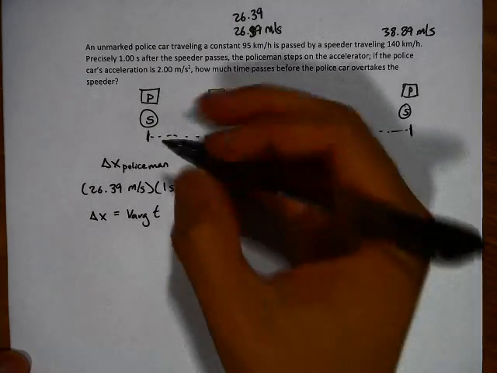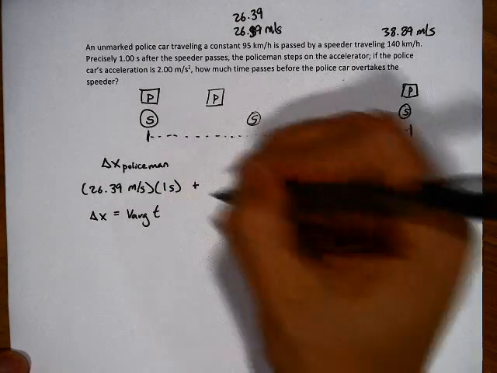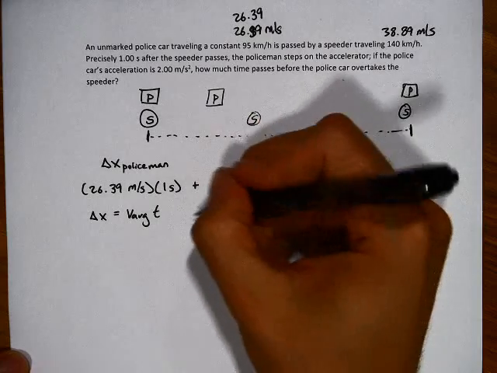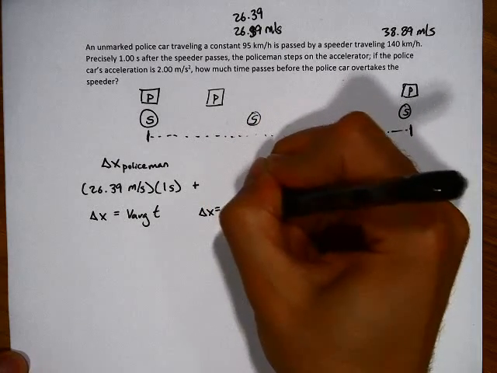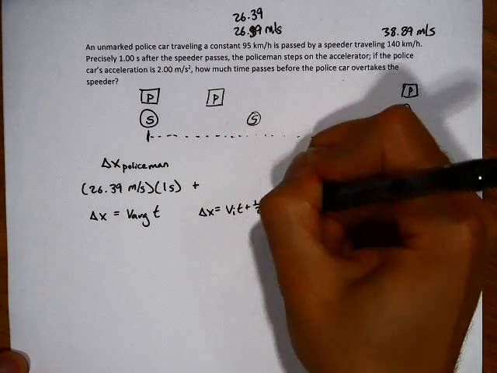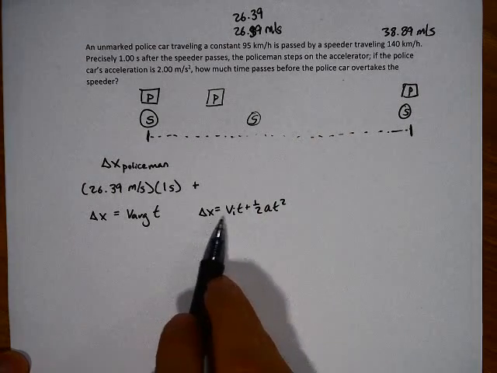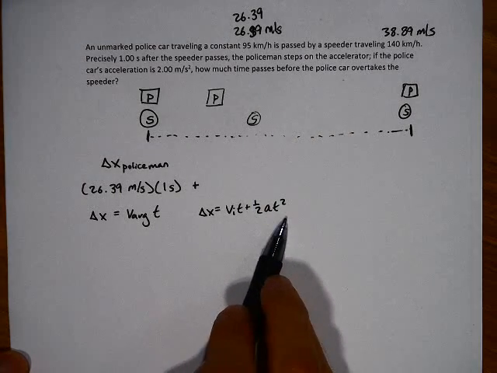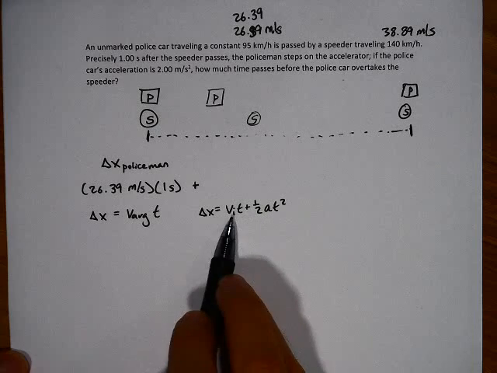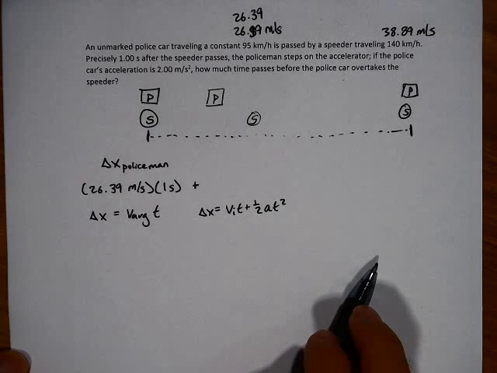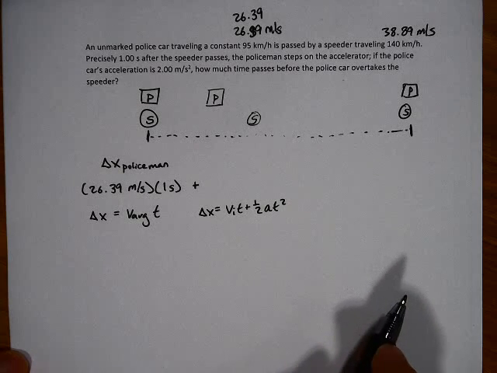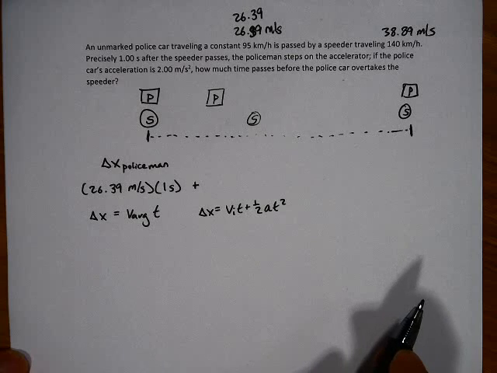Okay. After the first second, his displacement is now determined by this equation. Delta x equals v_i t plus 1/2 a t squared, because he is now accelerating from some initial velocity. He doesn't have just a constant velocity, and we don't know his average velocity. We use this typical kinematic equation to calculate how far he goes.